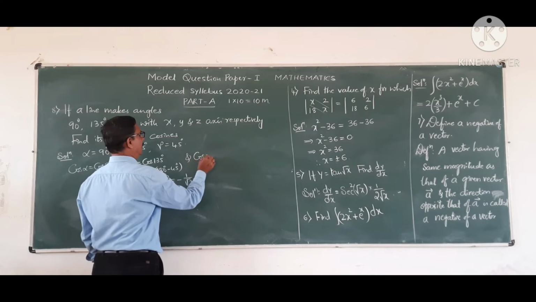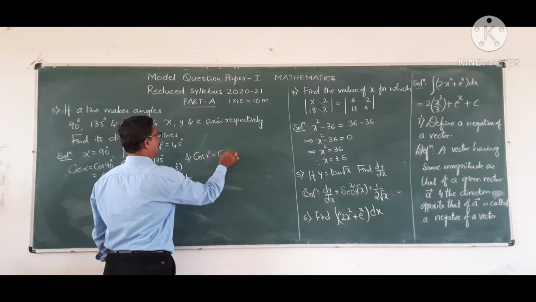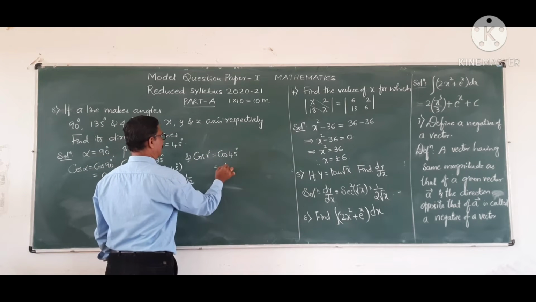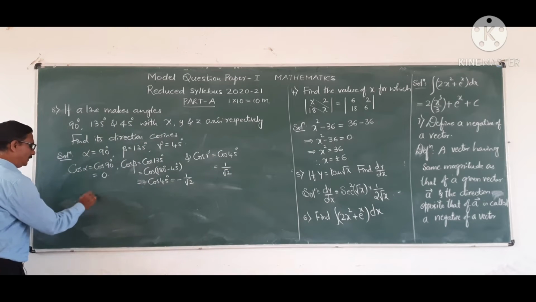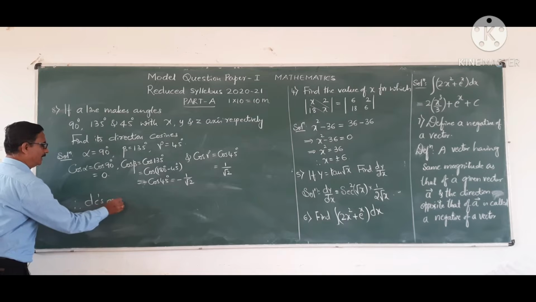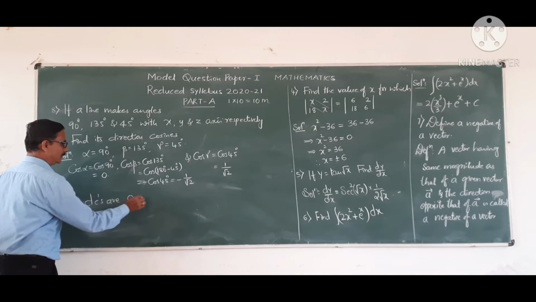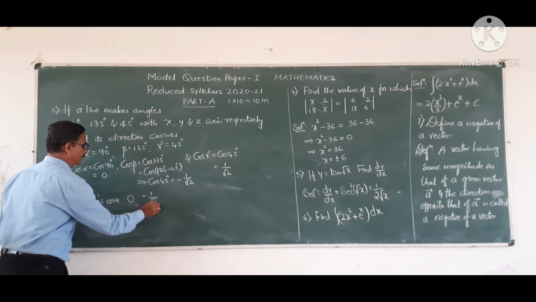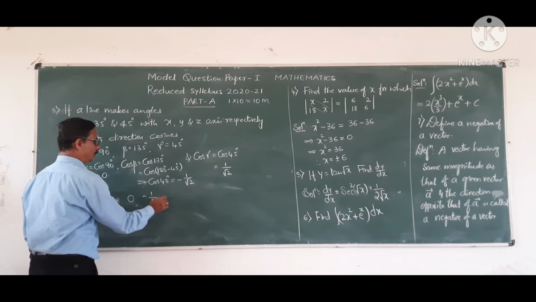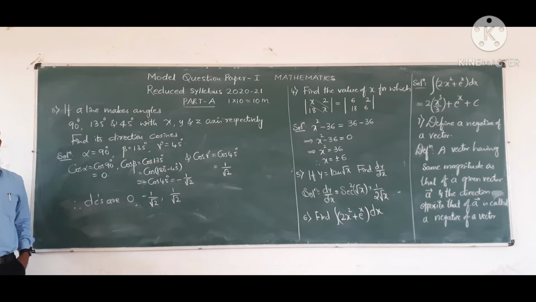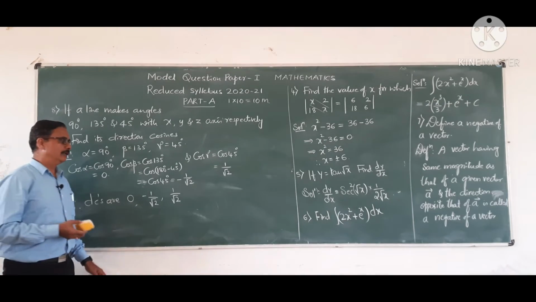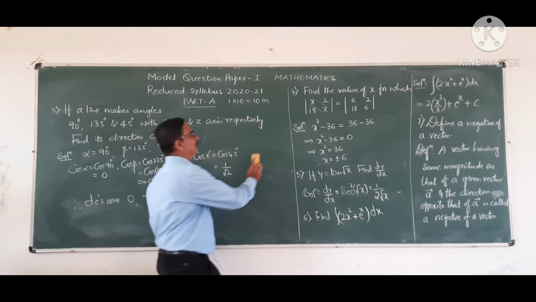And cos gamma, that is cos of 45 degree, is 1 by root 2. Therefore, direction cosines are cos alpha 0, cos beta cos 135 degree minus 1 by root 2, cos gamma cos 45 degree 1 by root 2. So, direction cosines are 0, minus 1 by root 2, plus 1 by root 2. Okay.